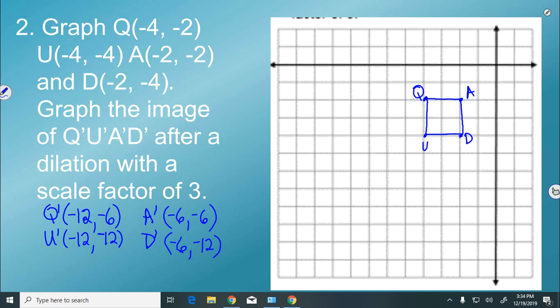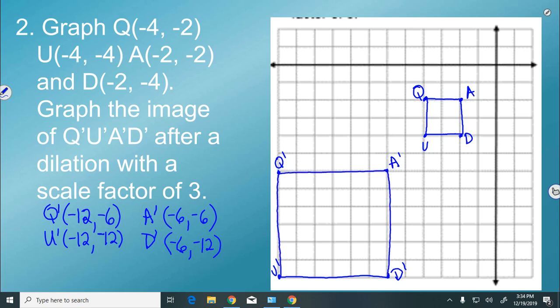So now graphing that, we have (-12, -6), which is all the way at the end, and then down 6 is here for Q'. U' is (-12, -12), all the way down here. A' is (-6, -6), and D' is (-6, -12), creating this much larger square further away from the origin.